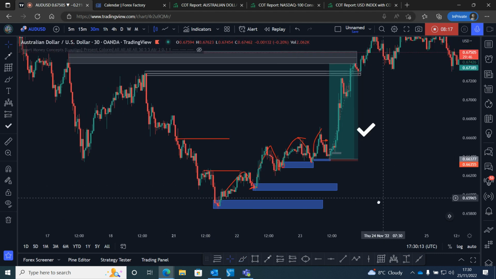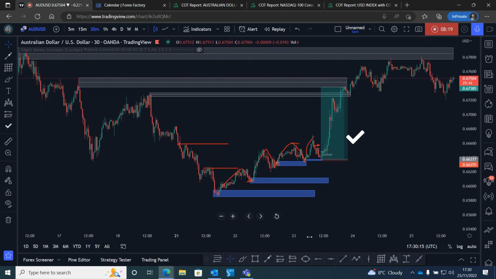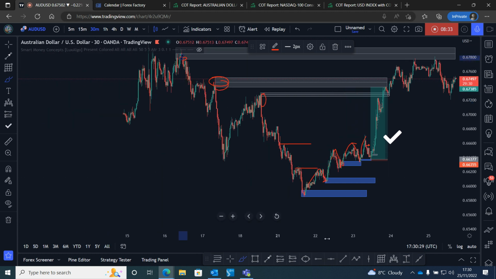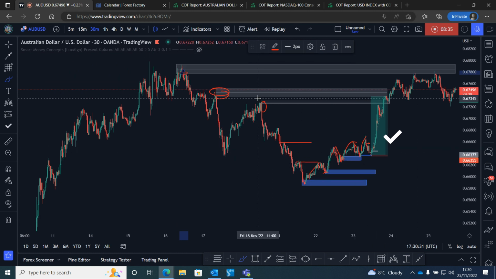So this is telling me that we are going to be in a short phase of buyers, since there's a lot of liquidity left to be filled here. For example, we have an order block here, an order block here, and an order block at the top here.